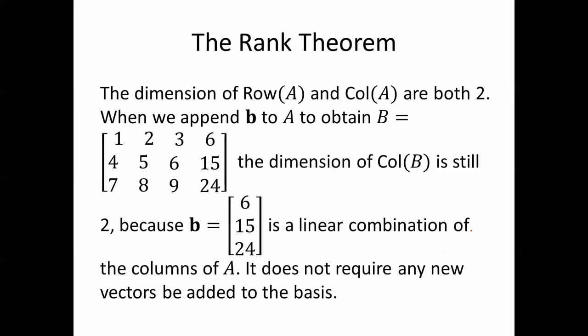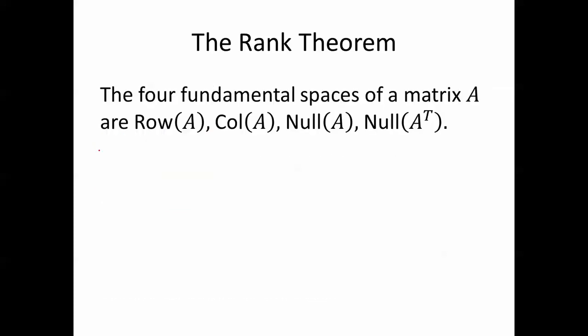When we append B to A, the dimension of the column space is still 2 because (6, 15, 24) is a linear combination of the columns of A. It does not require any new vectors be added to the basis. So that's why you don't change the rank when you append the vector B to A.